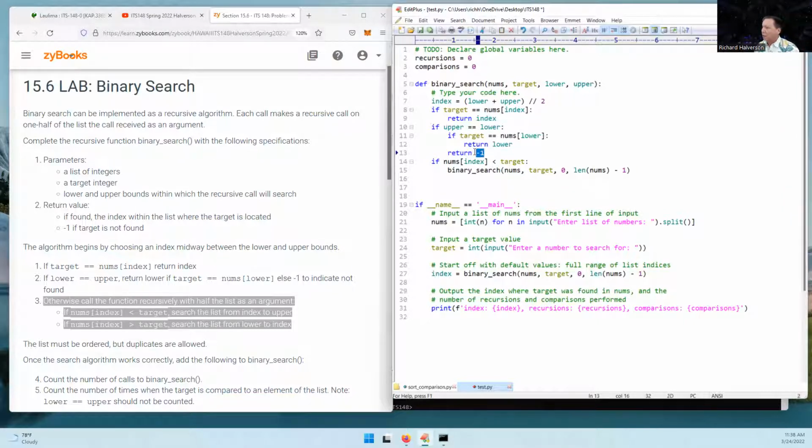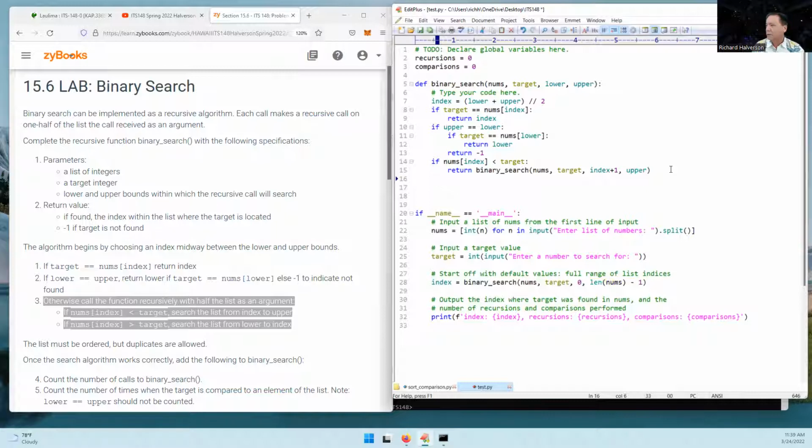It's either returning this, or it's going to return what comes back from searching the top half. And the top half is going to be index + 1, comma, upper. See, that's the upper half.